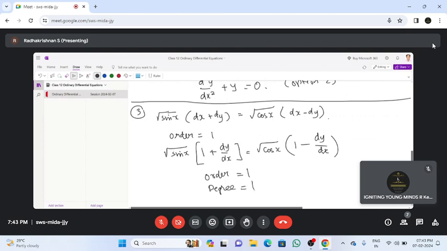But you can also try to solve this. Check. We'll move on to the next problem. This is order 1, degree 1. There are other problems where they are asking you to solve it.